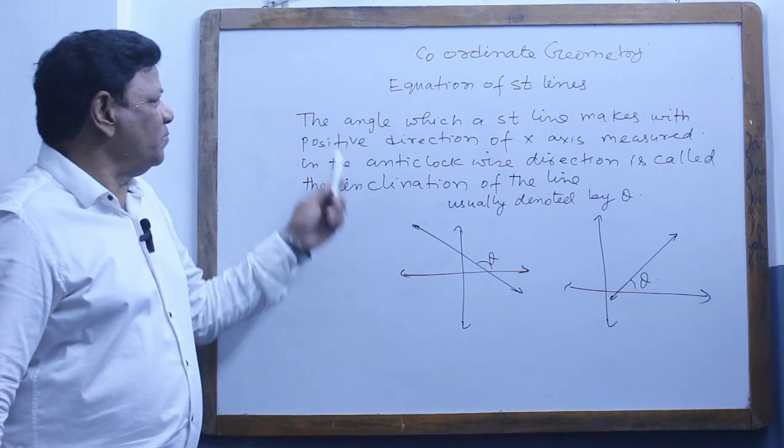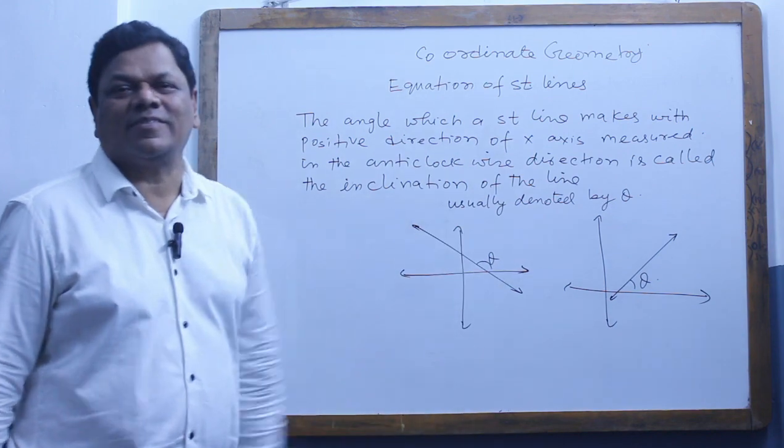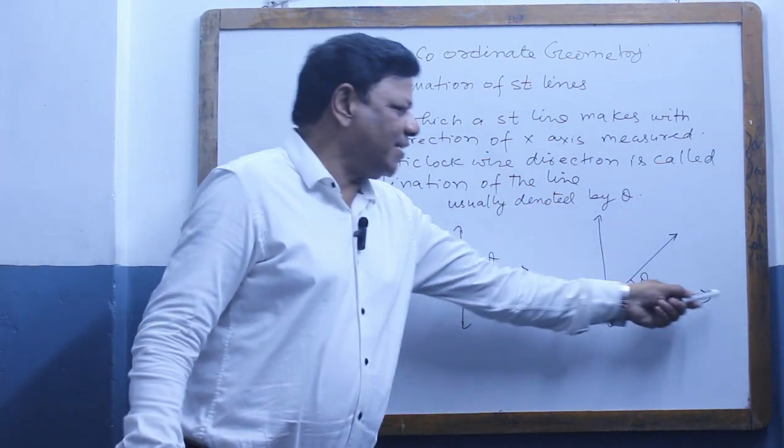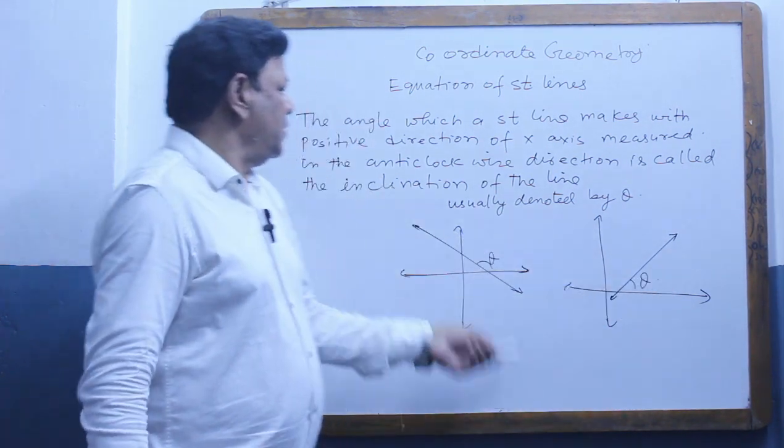Now, the angle which a straight line makes with the positive direction of x axis, very important. This is the x axis, and this is the positive direction on this side.